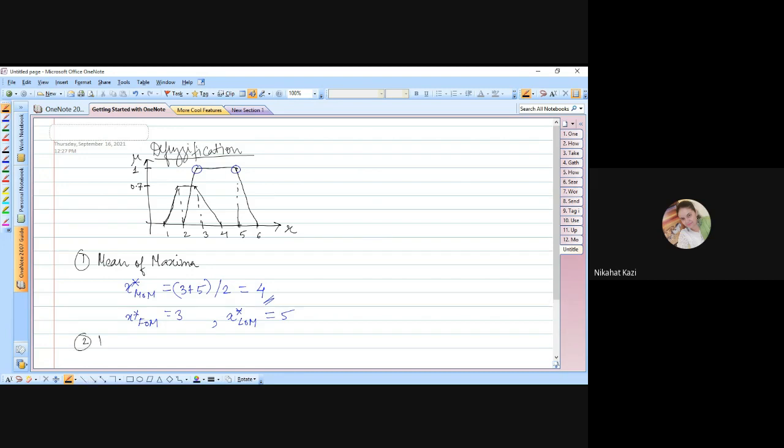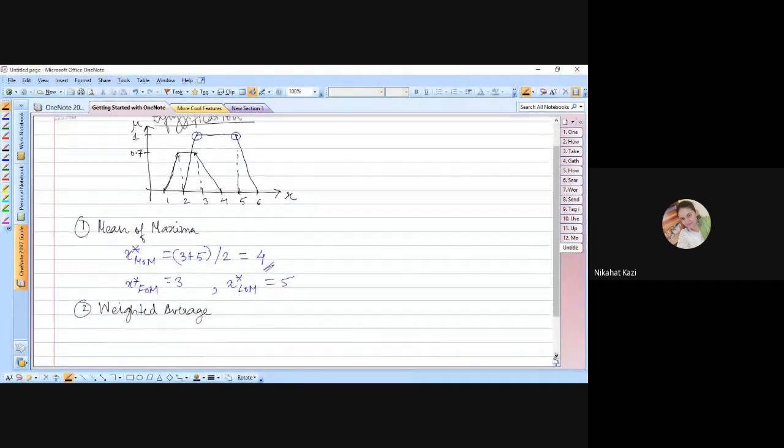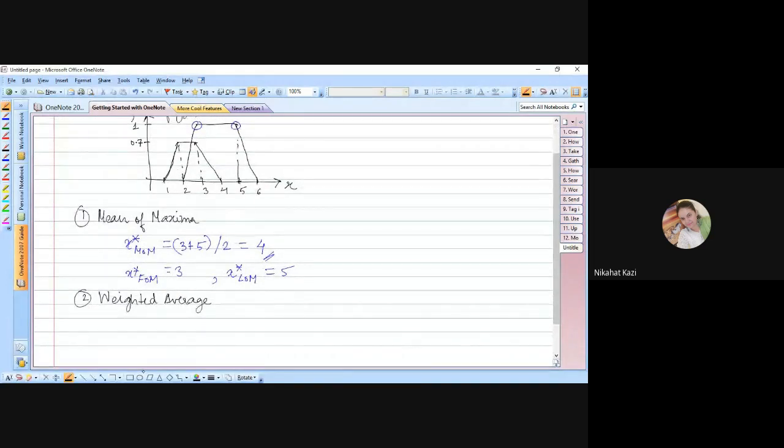Next, simple. Weighted average. Next one, we'll go for weighted average. Can you apply weighted average to this particular output? Tell me the answer. Can we apply weighted average to this? The figure is not symmetric, so no. Weighted average is applied to the individual functions.